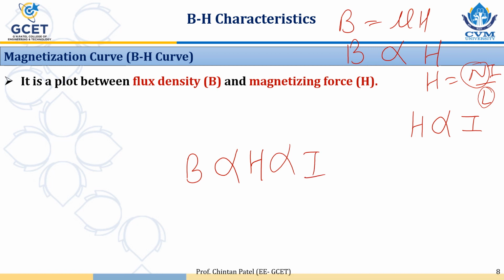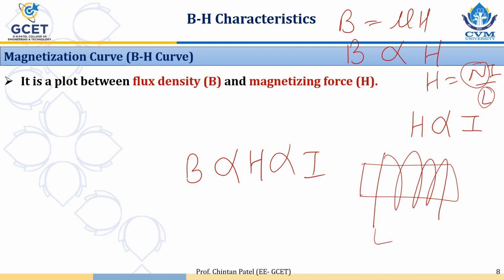So whenever we apply current through any magnetic circuit, for example, let's say there is a magnetic circuit and we are applying the current I because of the source, then this current will first generate magnetizing force H near the circuit, and because of this magnetizing force H, the magnetic flux density B is generated.